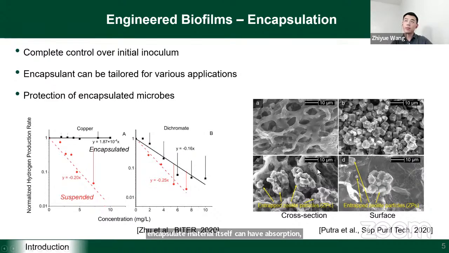And with that capability, it can help enrich ammonia metabolizing microbes, such as ammonia oxidizing bacteria or anammox bacteria. So this is just an example of how encapsulant can be tailored for different applications that's not limited to biological nitrogen removal.